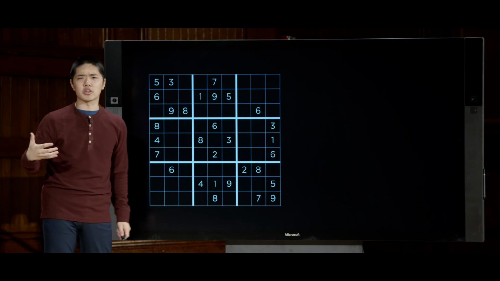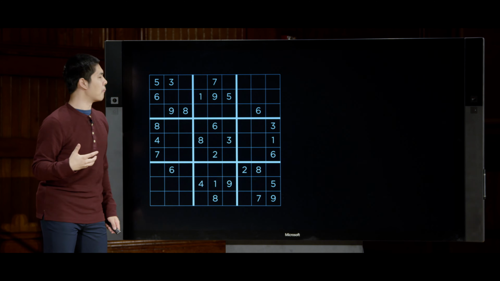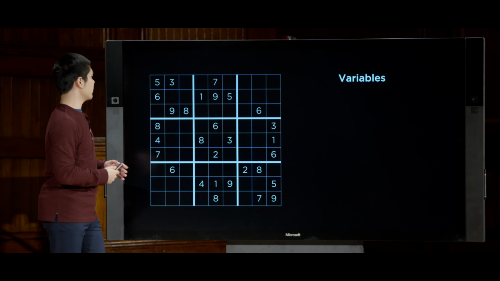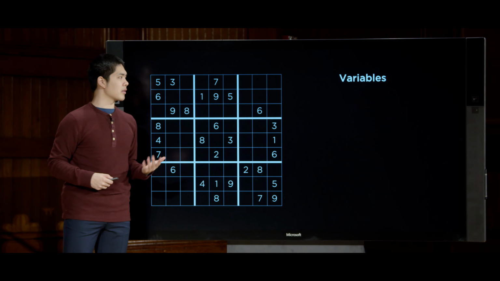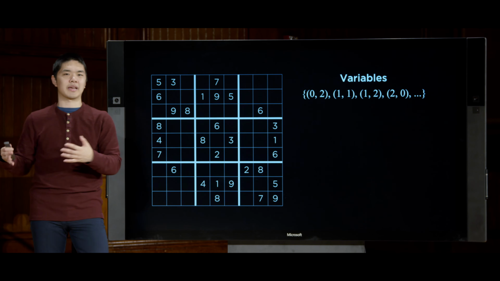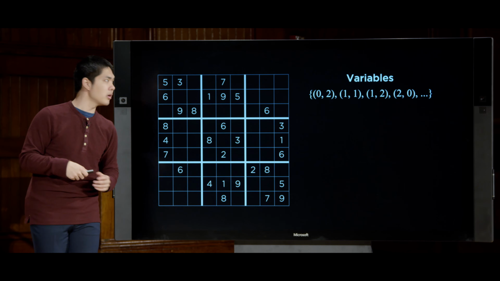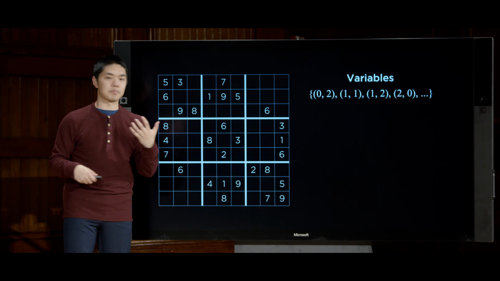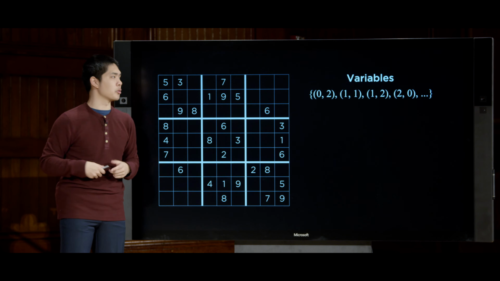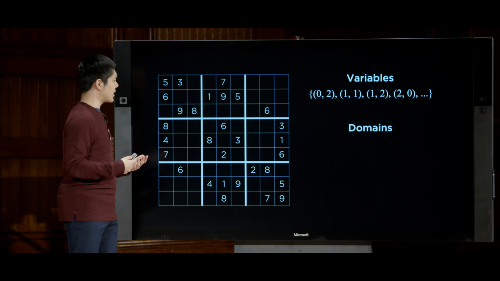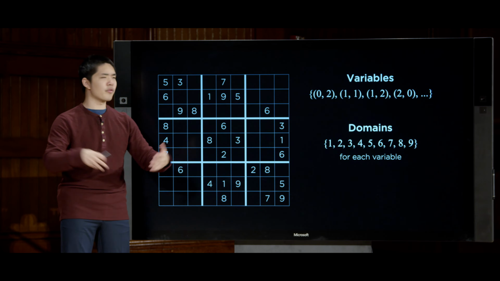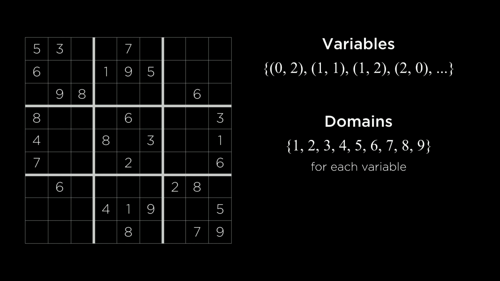So what might this look like as a constraint satisfaction problem? Well, my variables are all of the empty squares in the puzzle. So represented here is just like an x, y coordinate, for example, as all of the squares where I need to plug in a value, where I don't know what value it should take on. The domain is just going to be all of the numbers from 1 through 9, any value that I could fill in to one of these cells. So that is going to be the domain for each of these variables.